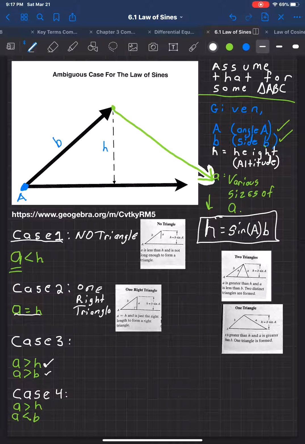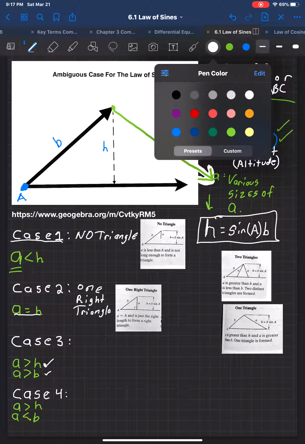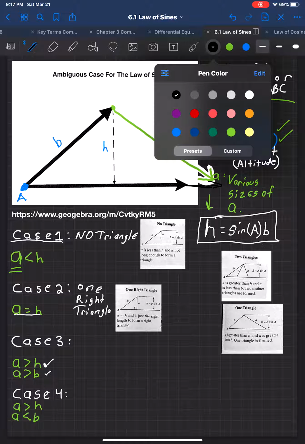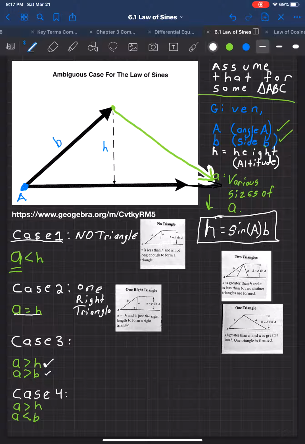Well, do you see how if we extend this out a little bit, you have one large triangle? And that is the case. You would have one, but not right triangle. It would be one oblique triangle.